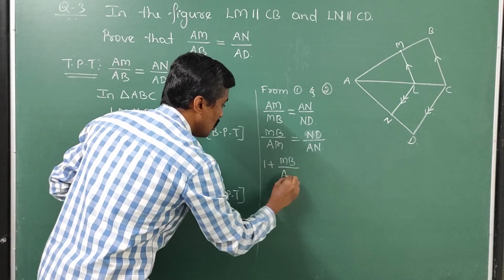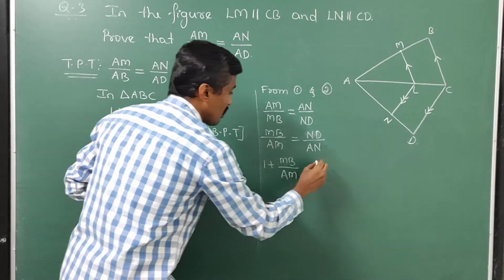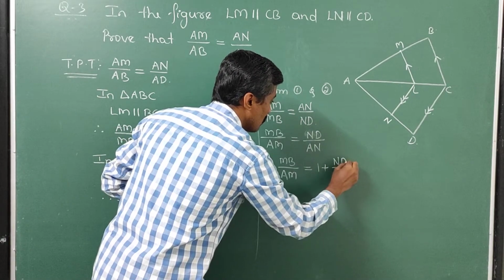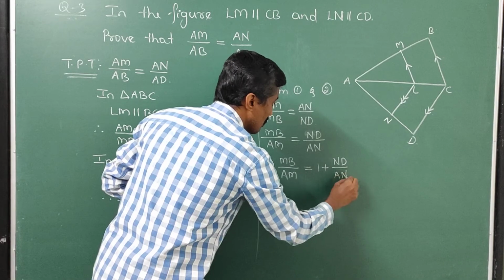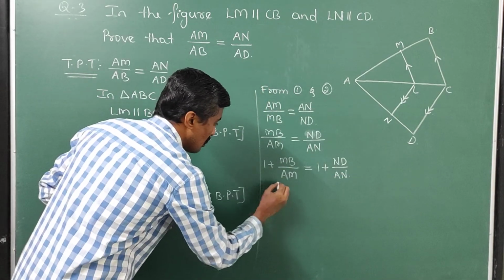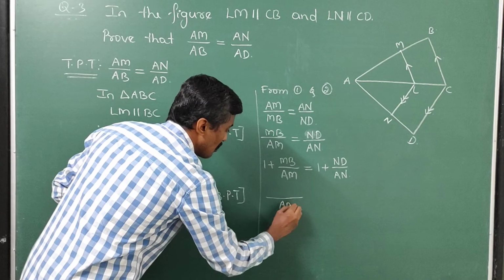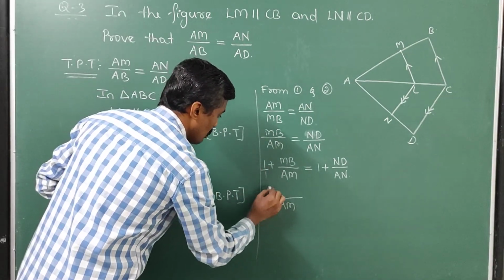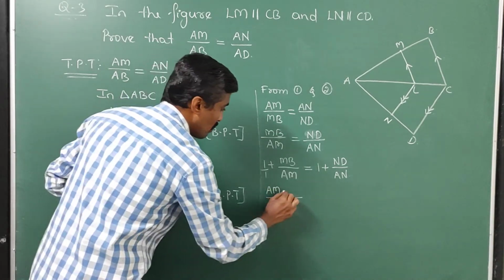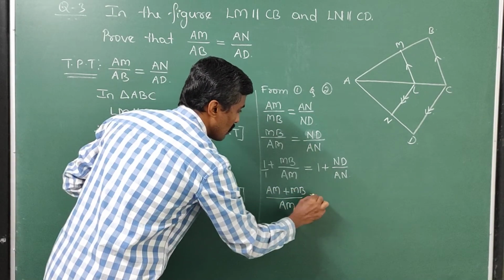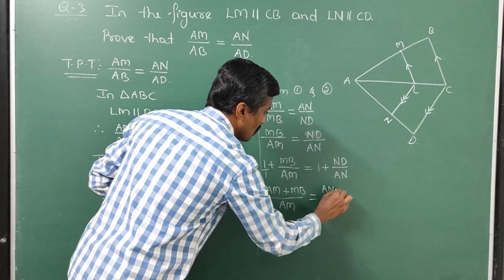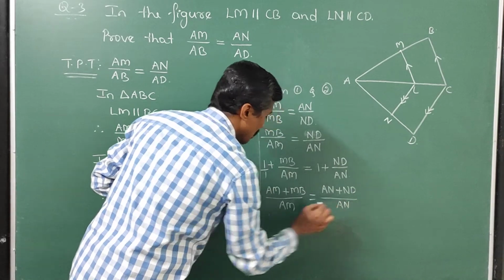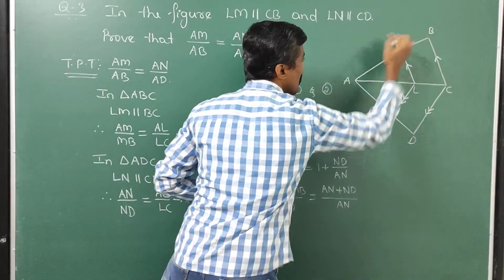I think you are good at addition of fractions. 1 plus MB by AM, the LCM becomes AM, so the numerator becomes AM plus MB, is equal to AN plus ND divided by AN. What is AM plus MB? That is AB.